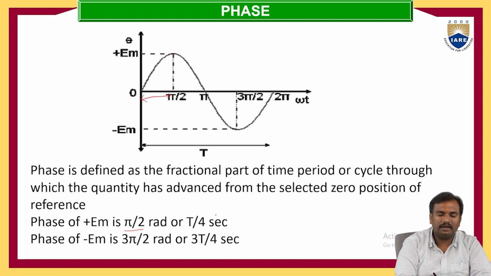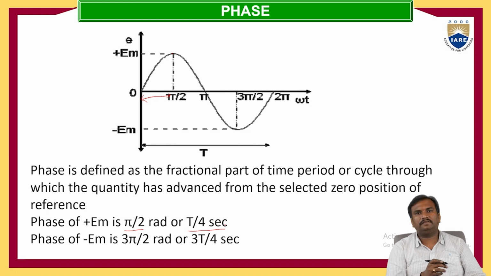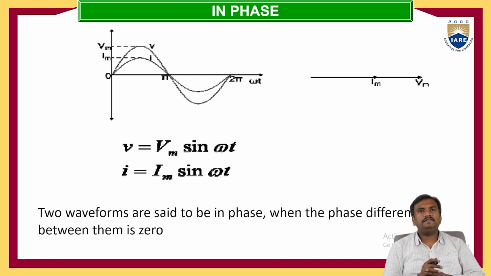Or we can also take the full time period as T, so for a quarter part the time period is T by 4 seconds. In the same way, the phase of minus Em is 3 pi by 2 radians or 3T by 4 seconds. And this is how there are different conditions when we are taking two waveforms together, or when we are comparing the two waveforms together.